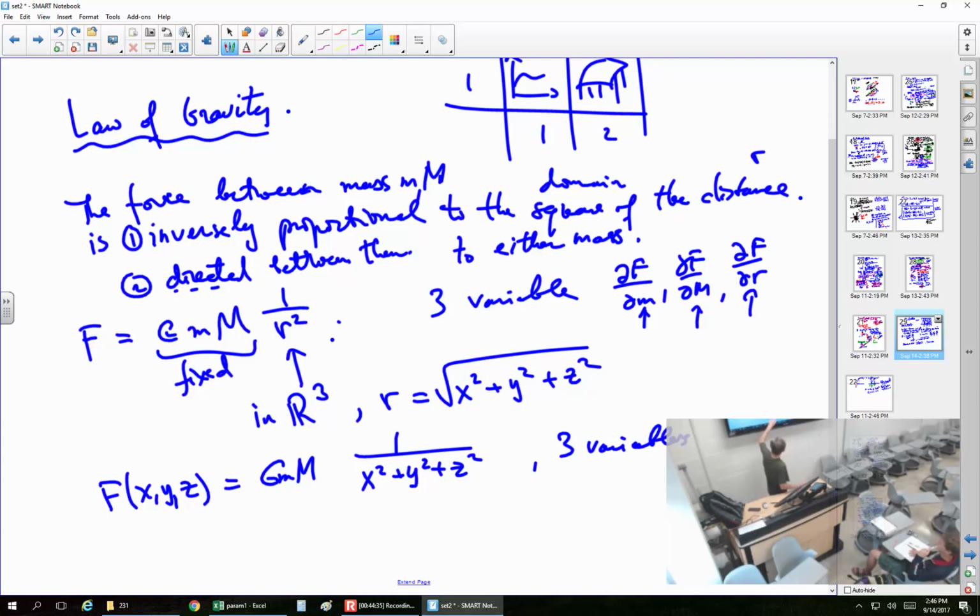On the other hand, if they get closer to each other, what happens to the force? It goes up. If x is going towards 0 and y is going towards 0, with no z, what is happening to f? It increases, to infinity.